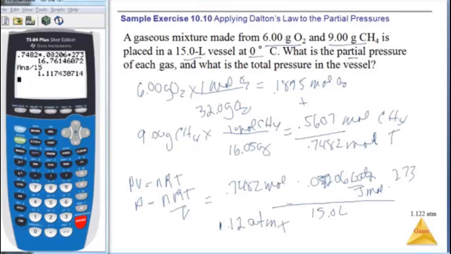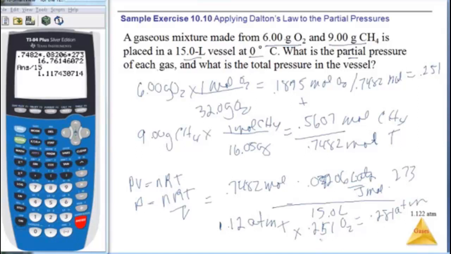But it also asks me what is the partial pressure of each. And that's pretty easy to find because I want to know what percentage of this comes from each substance. So I know what the total moles is, so I can just divide each moles by 0.7482 total, right? And if I do that for oxygen, I get 0.251. So if I multiply 1.12 atm times 0.251 for oxygen, I get 0.281 atm.